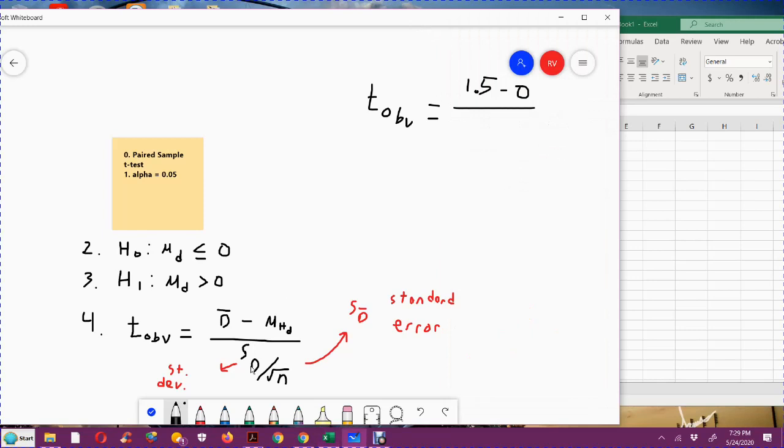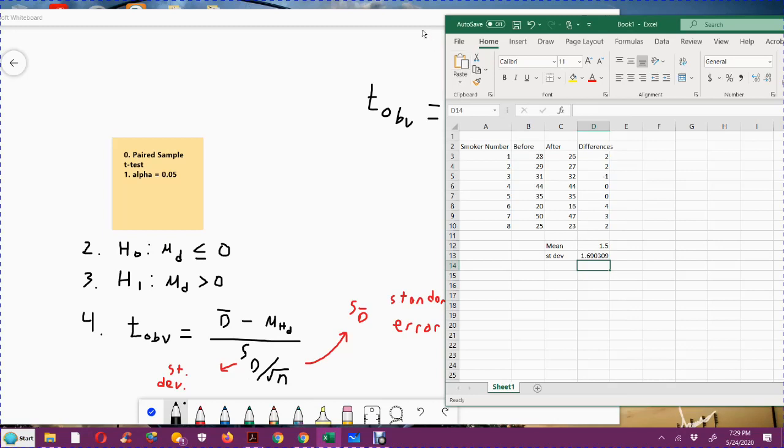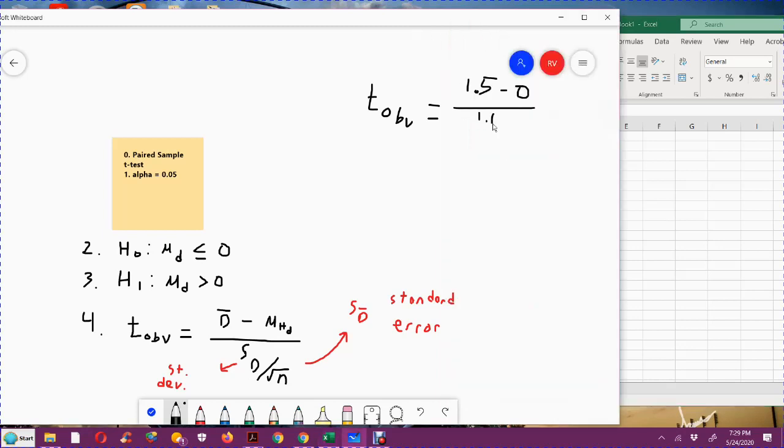So I'm going to take this standard deviation divided by the square root of n. The standard deviation, 1.69. Let's just round it off to that. And divide by the square root of 8. So I'll do a little calculator work here. 1.69 divided by the square root of 8 is 0.597.